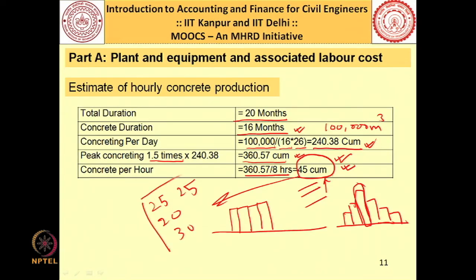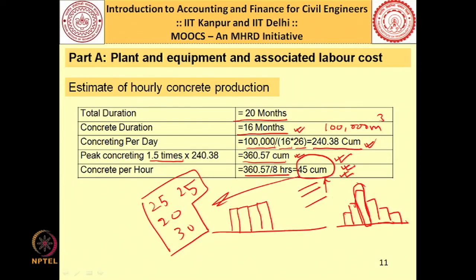So, it depends. Now, both of them have got advantages, both of them have got disadvantages. So, you have to take a call and then decide appropriately whether you would like to go for one equipment of this much capacity or 2 or 3 equipment of slightly lower capacity.